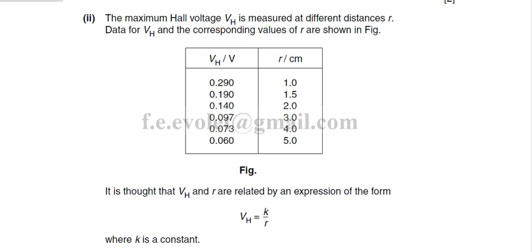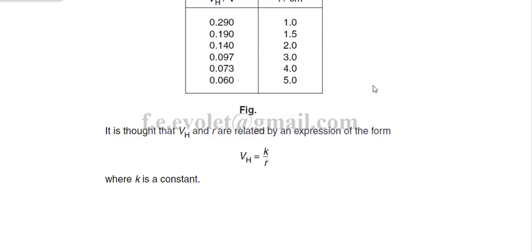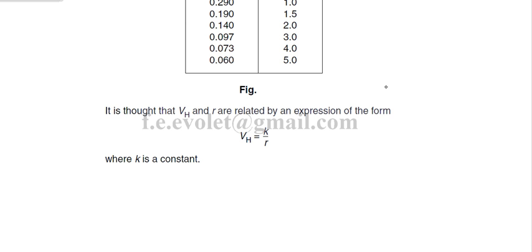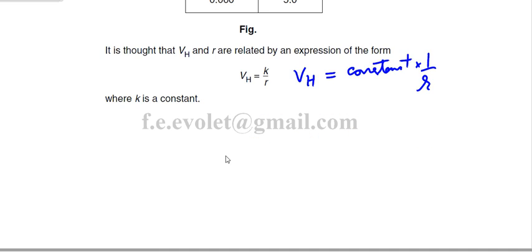As it is moved away, VH is given by this expression. This says that VH is inversely proportional to r, so we can write VH equals K times 1 by r, where K is a constant.